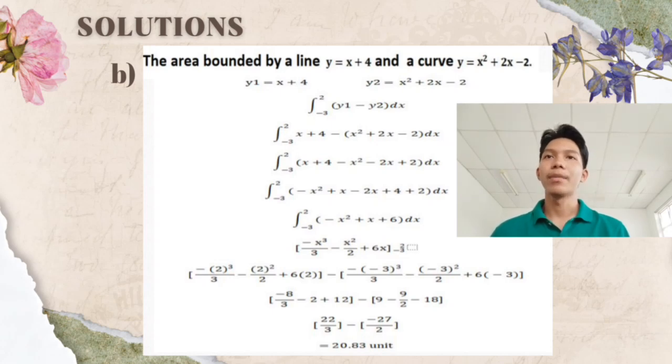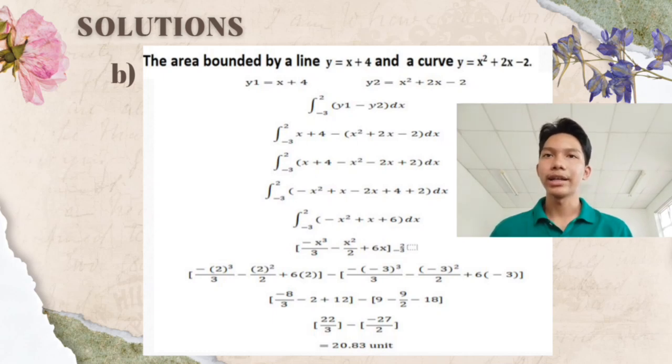Integrate from negative 3 to 2 bracket x plus 4 minus bracket x to the power of 2 plus 2x minus 2 bracket dx. Integrate from negative 3 to 2 bracket x plus 4 minus x to the power of 2 minus 2x plus 2 bracket dx.